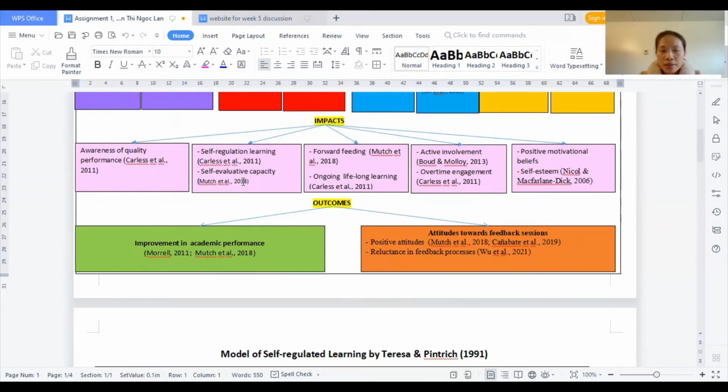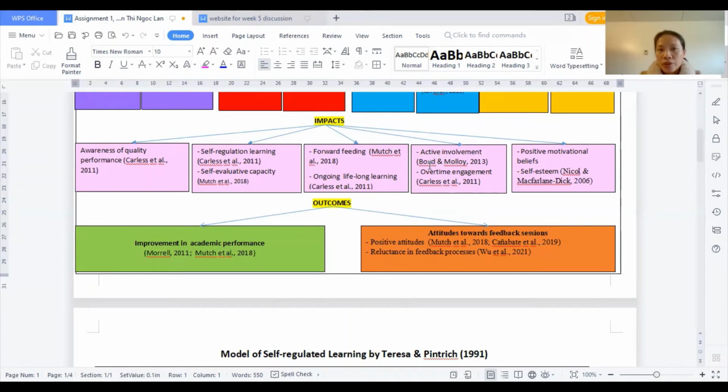Besides that, according to Nash et al. 2018, such sustainable feedback can give students feed-forward so that they can know how to improve their subsequent performance. This can lead to their ongoing lifelong learning, according to Carless et al. 2011.